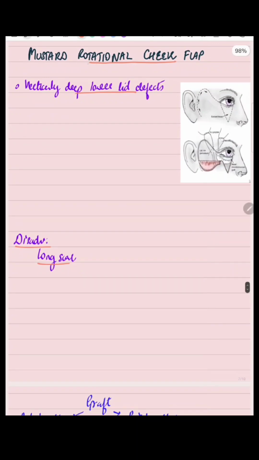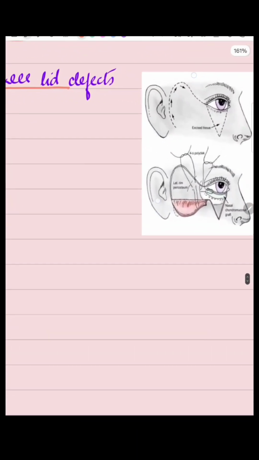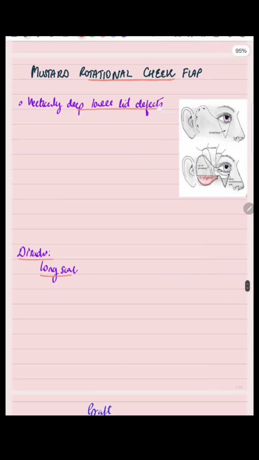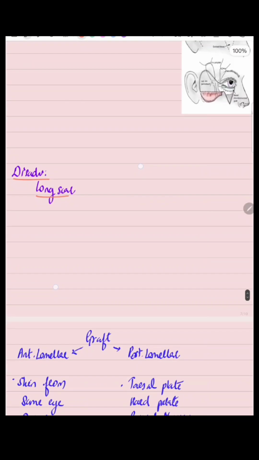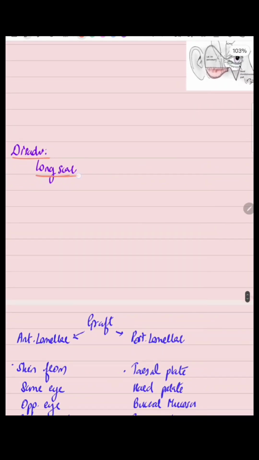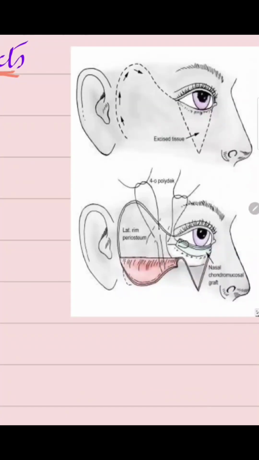Next is the Mustard rotational cheek flap. It is used for vertically deep lower lid defects. The demerit is that an excessively long scar line on the face will be seen. Here a large superiorly based flap with medial edge at the nasolabial fold is outlined.